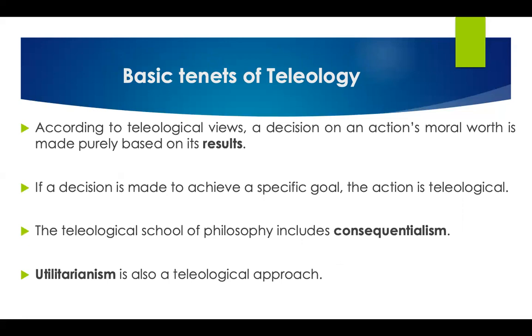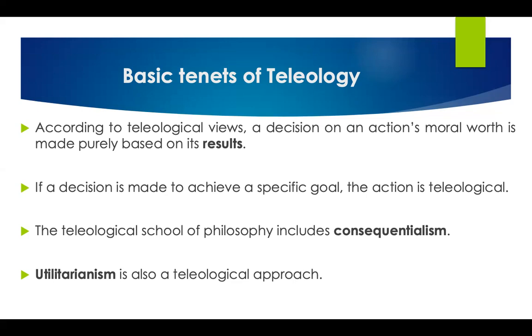Right, then we'll move to the second major type of theory. It is known as teleological theory, okay? Earlier on, we saw consequentialism, but consequentialism is just an aspect of teleological theories. So according to teleological views, a decision on an action's moral worth is made purely based on its results.